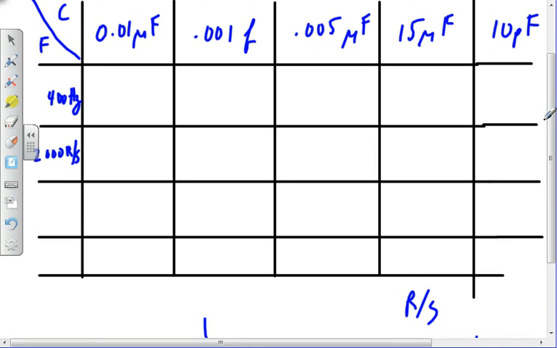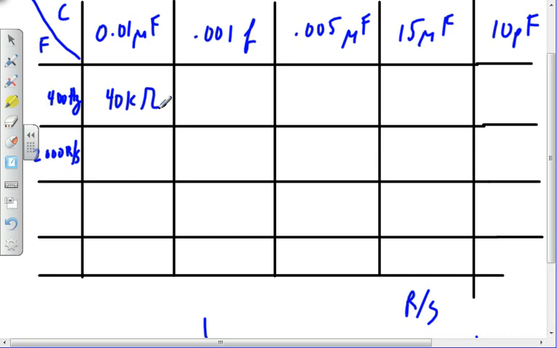Now I got to make my calculator work. Okay, so 1 divided by parentheses 2 times pi times 400 times 0.01 E minus 6 close parentheses equals, we'll call it 40 kilo ohms.